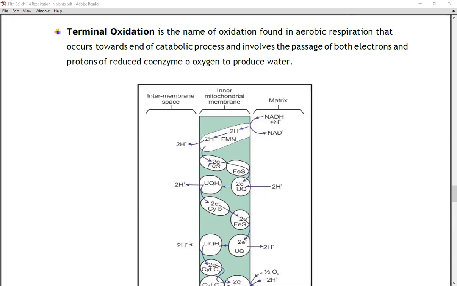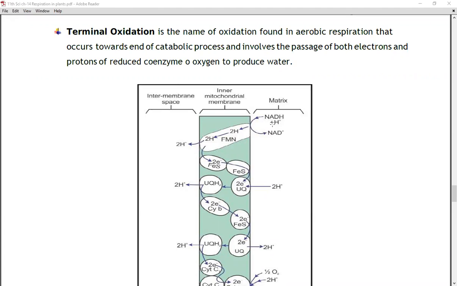De means removal and hydrogenase means removal of hydrogen. So from this NADH2 there will be removal of two hydrogens, which are nothing but protons. So this NADH is oxidized, H plus is removed, and for this reason NADH2 gets converted to NAD plus.